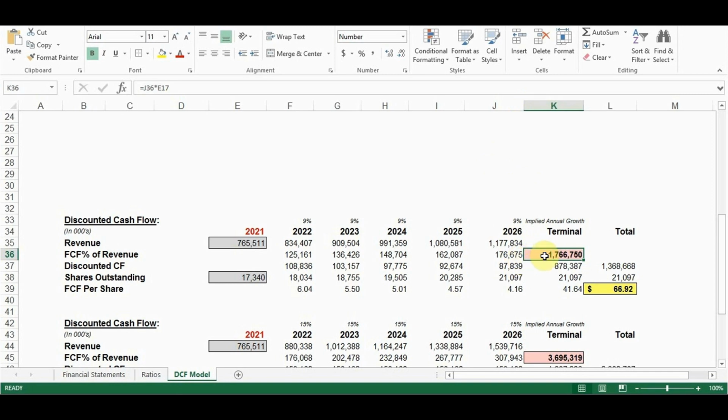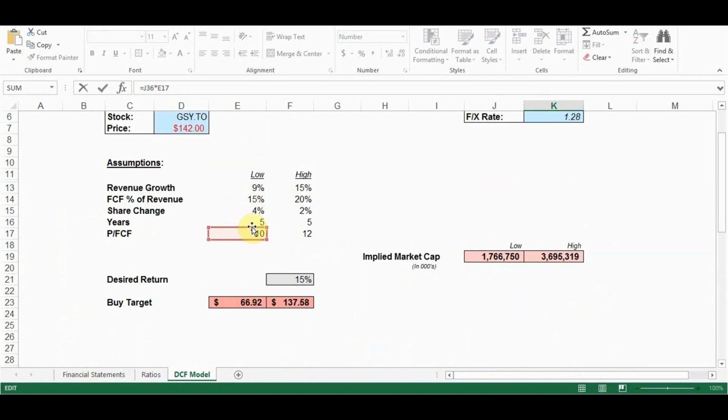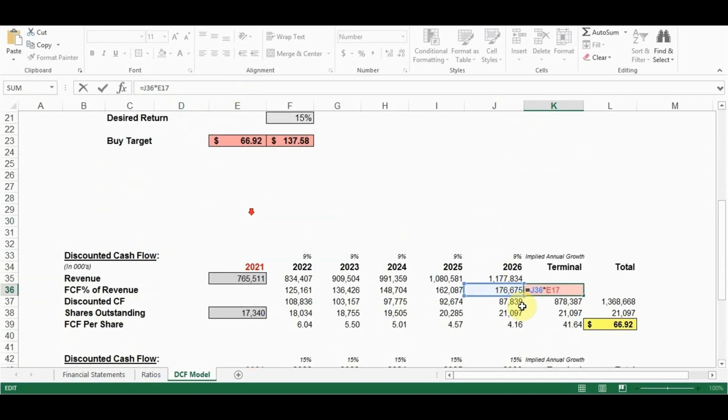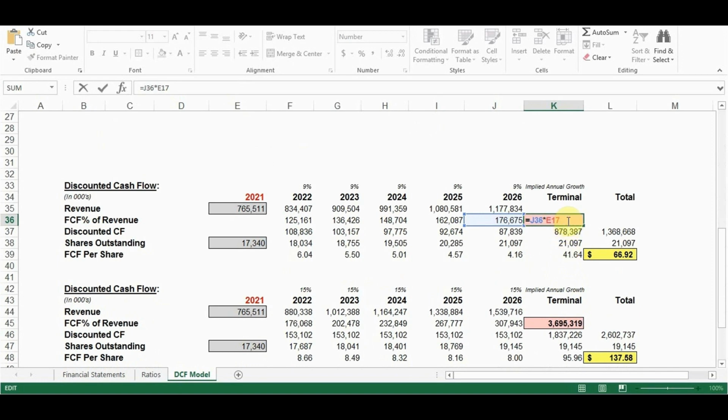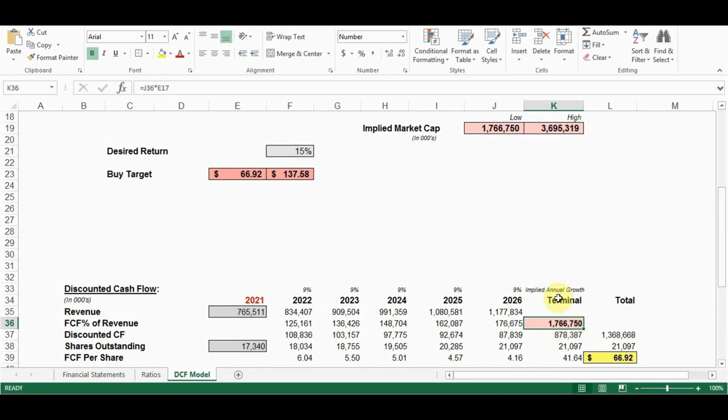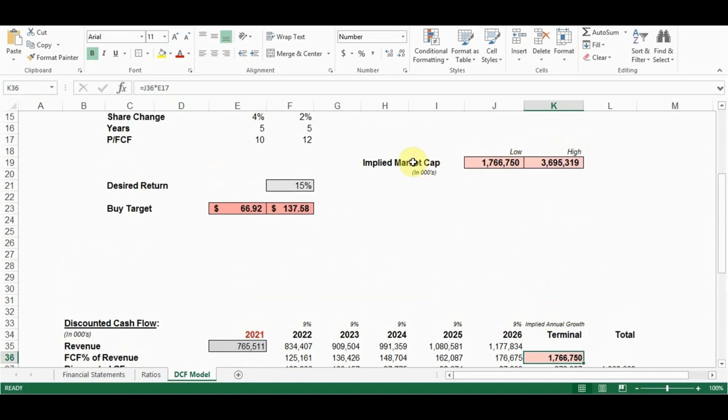So basically this formula is your final year's free cash flow times your multiple here, your price to free cash flow. And that's basically your terminal multiple that's going to be used to calculate your terminal value in the year that you plan on selling the stock. And then you'll see how that plays in. But basically, your terminal value is your implied market cap, which is up here.